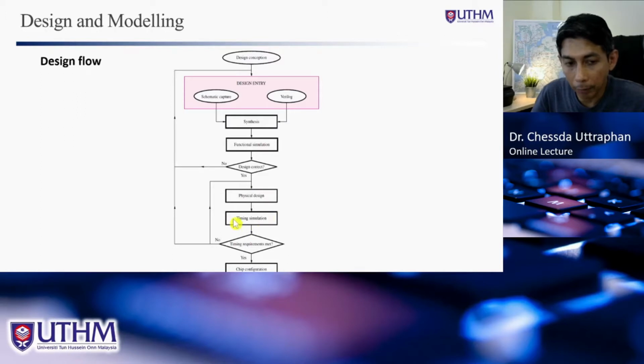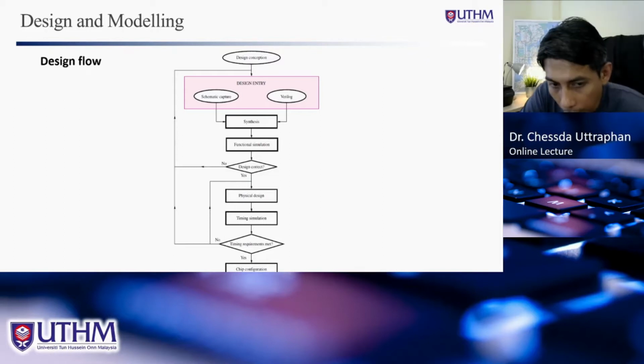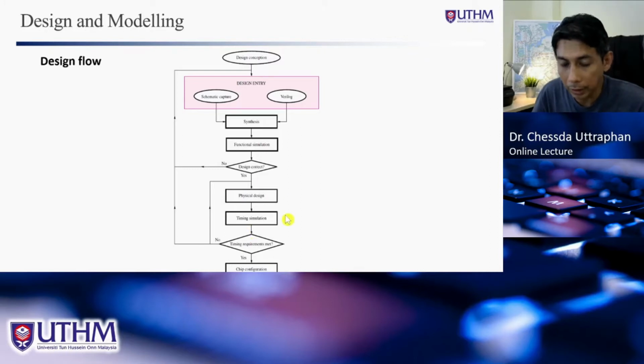And with that, we need to do what we call the timing simulation. We will see whether our design meets the timing specification or not. For example, we want our design to be very fast, but we use a very slow FPGA. So when we run the timing simulation, sometimes it may violate our timing, which means we will get the wrong result, although the functional simulation is correct, because functional simulation ignores the timing.